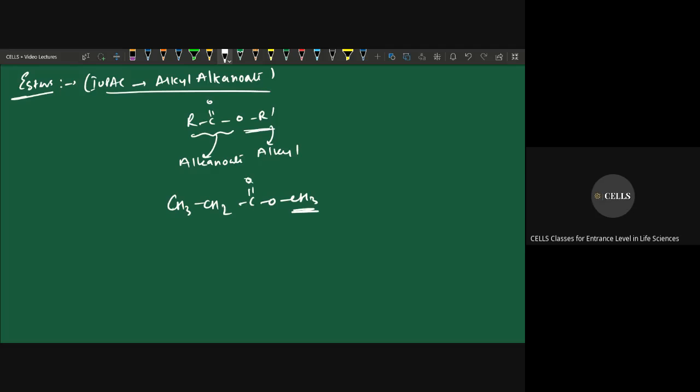Then this is the alkyl group, that is the methyl. This is the ethanoate. So it will be methyl ethanoate, with which the acidic group is attached, that is the form, right?